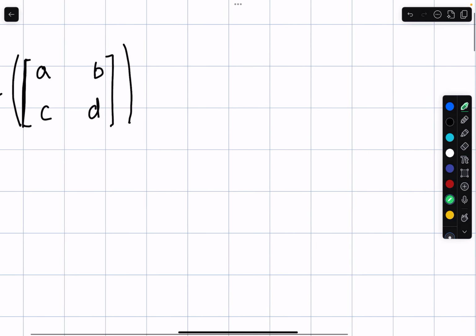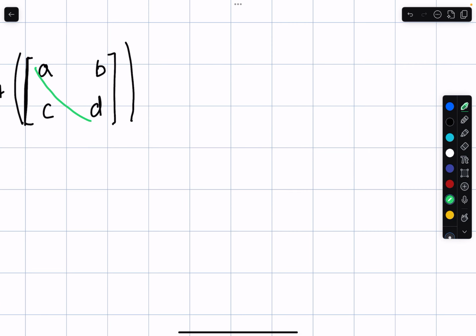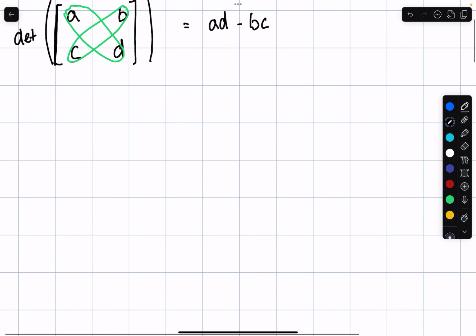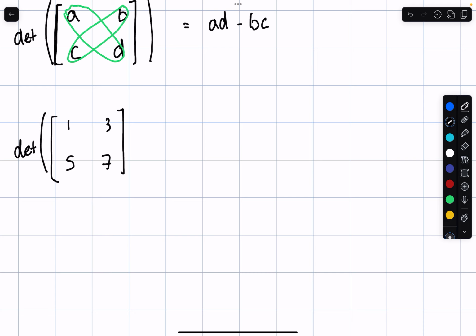and easy to do. All we have to do is take this diagonal, A times D, and subtract the other diagonal, B times C. And that's our determinant. A quick example: say we have 1, 5, 3, 7, just making up some numbers here, and we want to know the determinant of this.